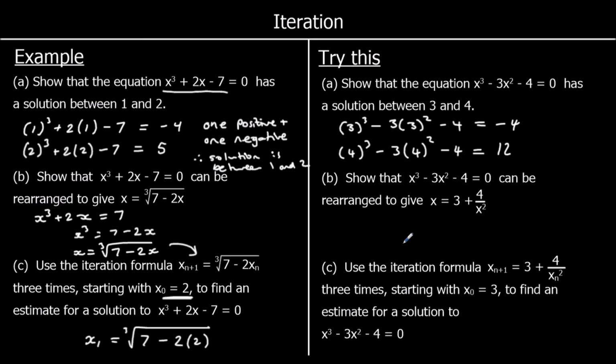Part B, show that x cubed minus 3x squared minus 4 equals 0 can be rearranged to get x equals 3 plus 4 over x squared.